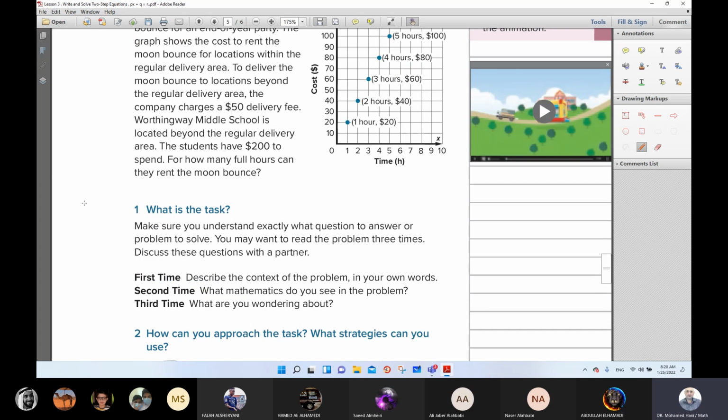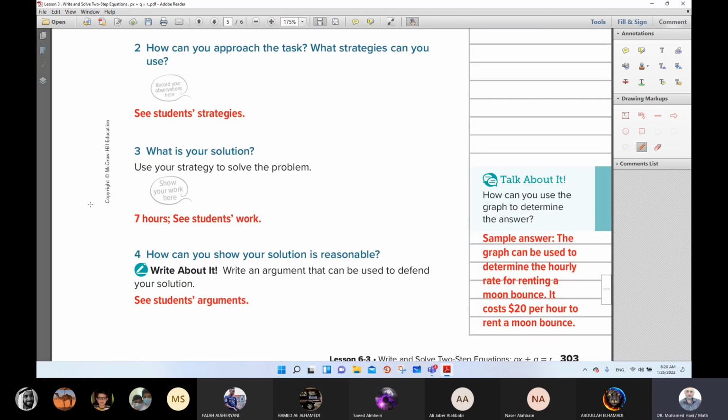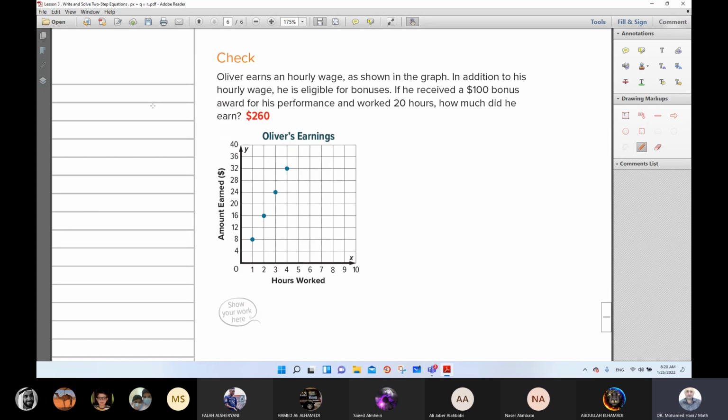Now we have this example and the second example, the same idea here. Oliver earns an hourly wage as shown in the graph. In addition to his hourly wage, he is eligible for a bonus if he received $100 bonus award for his performance and worked 20 hours.